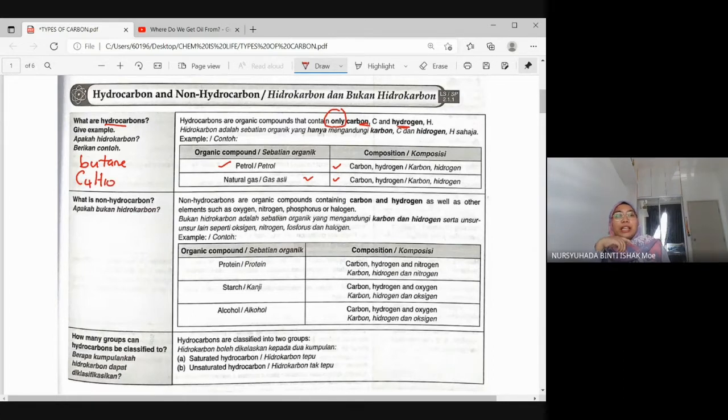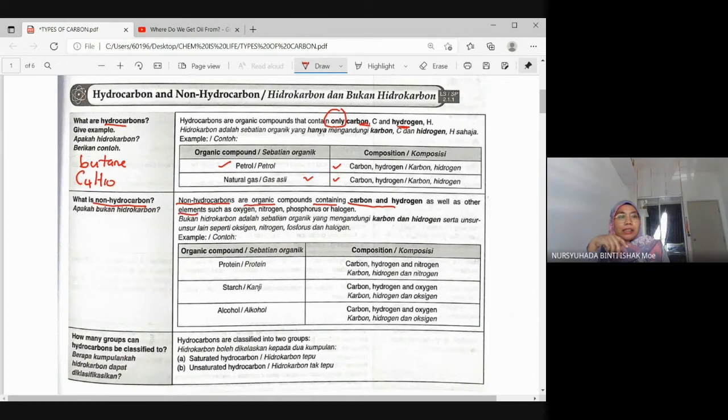Alright. So, this one is an example of organic hydrocarbon, butane. So, what is non-hydrocarbon? Okay, apa pula non-hydrocarbon? Non-hydrocarbon organic compounds contain carbon, hydrogen plus other elements.